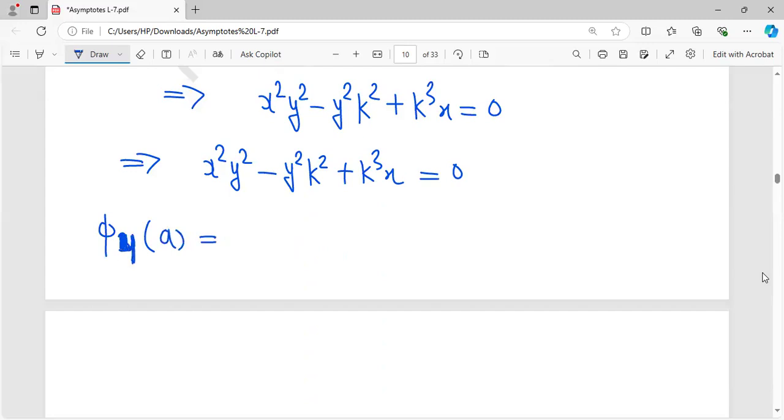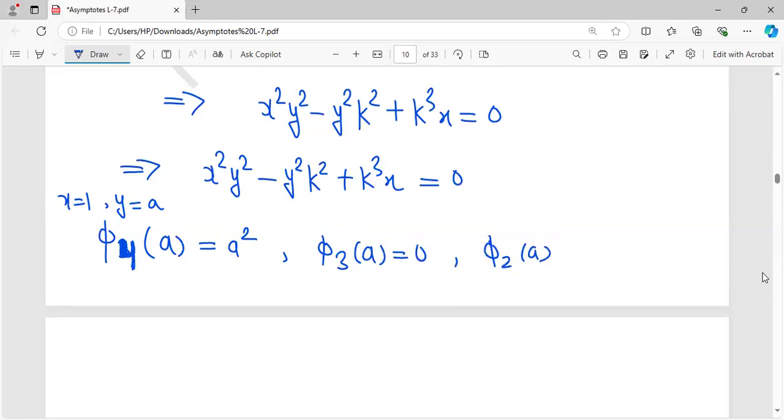When we calculate phi 4 of a, we always put x is equal to 1 and y is equal to a. So when it is the highest, it will be a square. And what is phi 3 of a? Phi 3 of a is 0. And what is phi 2 of a? Phi 2 of a will come from there, that is minus a square k square. Okay. And what is phi 1 of a? That is k cube, because you put x is equal to 1.